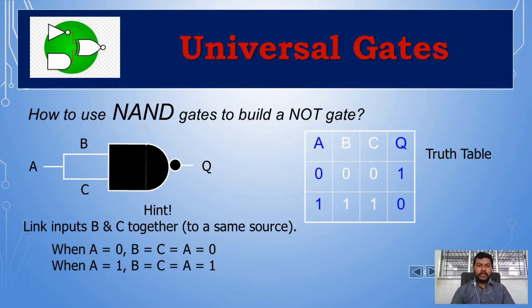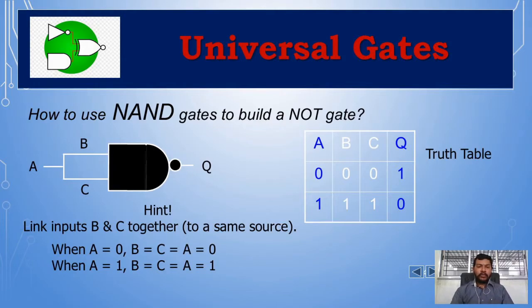The simple construction is shown over here and the hints are also provided. The NOT gate has only one input and one output, but a NAND gate has two inputs and one output.